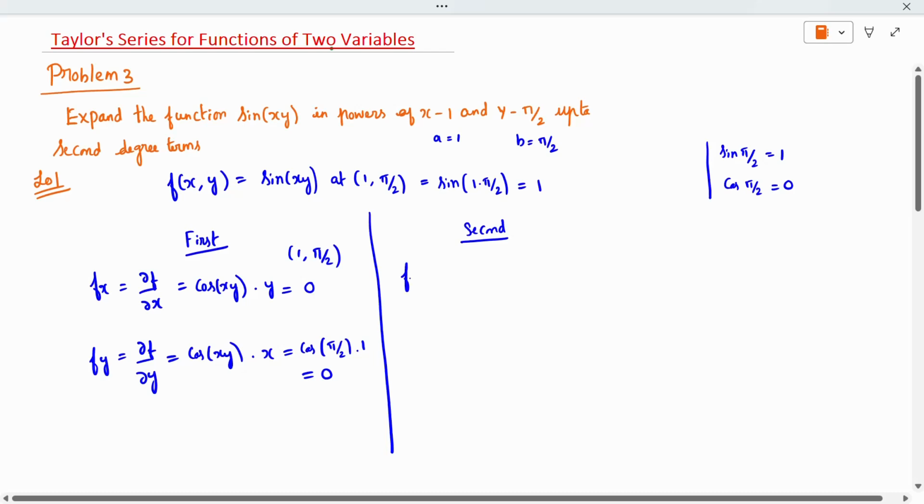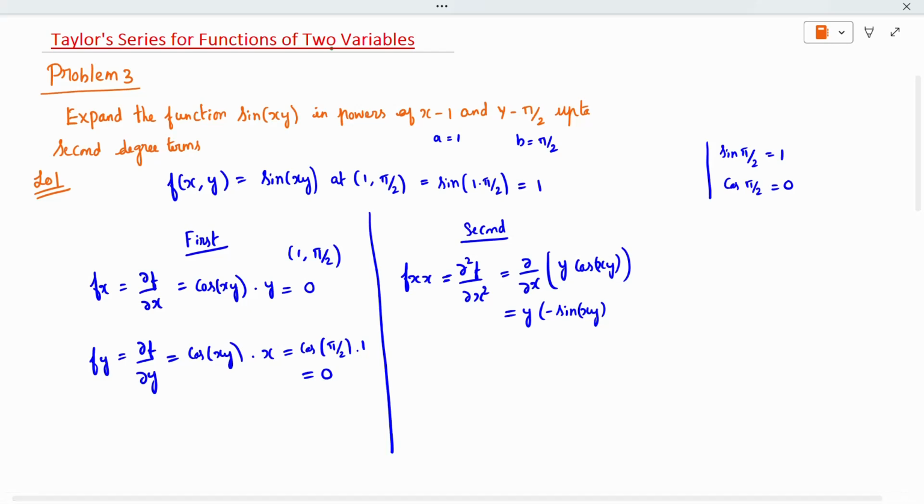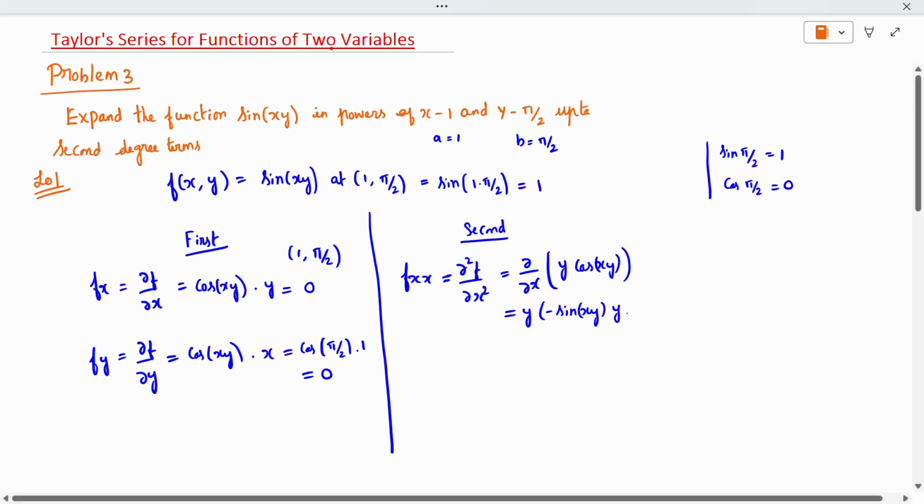In the same way, f double x, a second order term, is dou squared f by dou x squared. Now dou by dou x of this function, y into cos xy. Here y is a constant. The differentiation of cos is minus sin xy, into the inside function; y is a constant and x differentiates to 1.